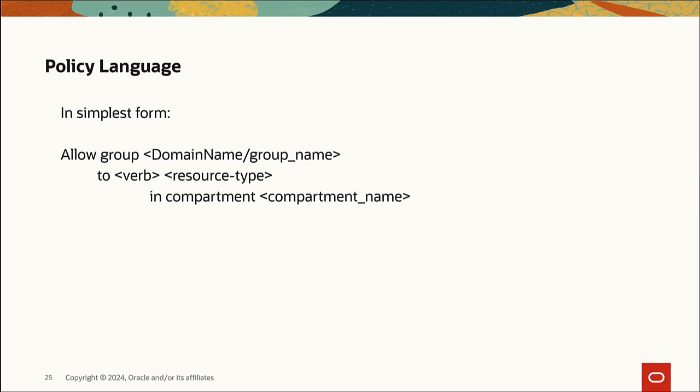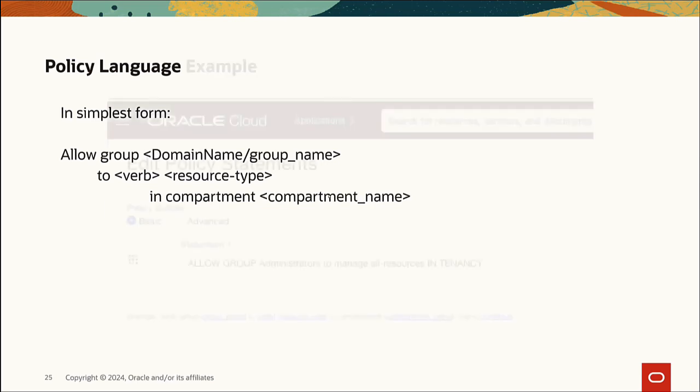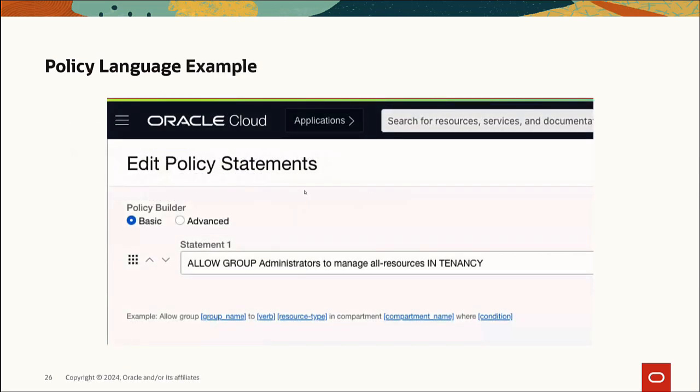If you don't specify the domain name, it will assume by default that it's the default domain. For your other custom domains, for the internal users and the external users, I can say group internal / group unit A can manage all resources in compartment unit A, for example. So that's the structure, how it works.